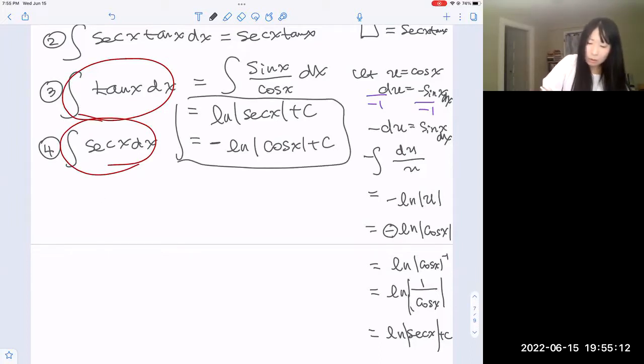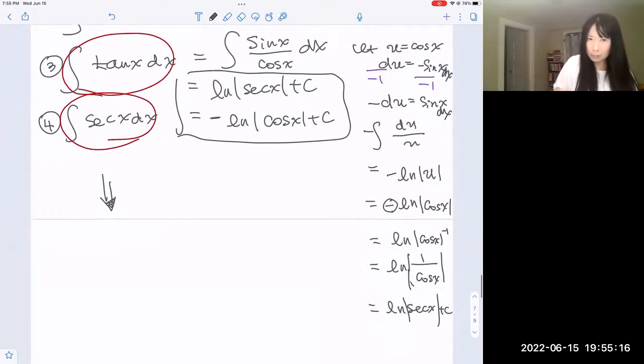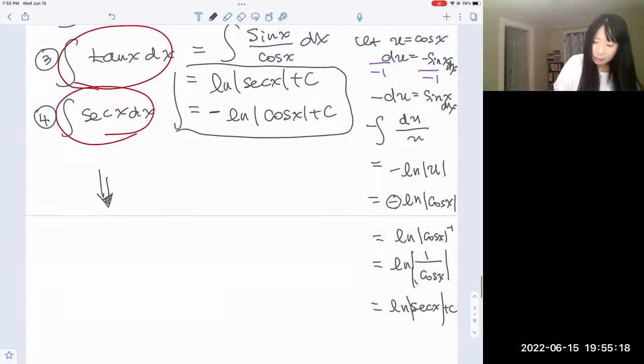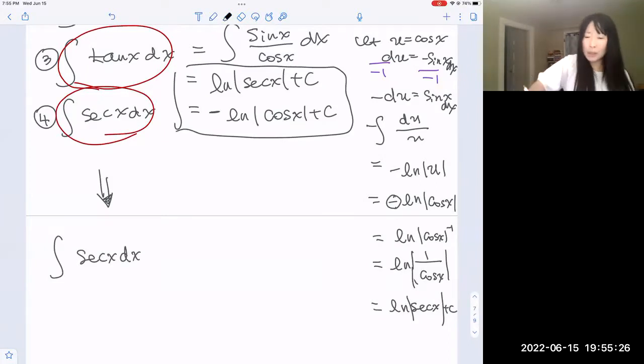All right, now let me prove this one. So we have secant x dx, then I want to multiply by secant x plus tangent x.